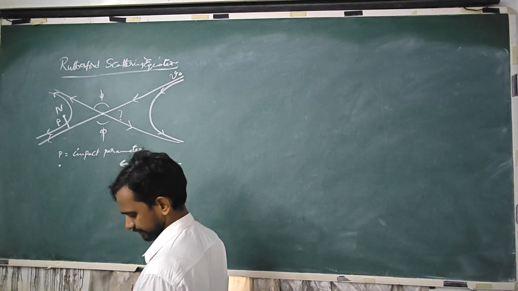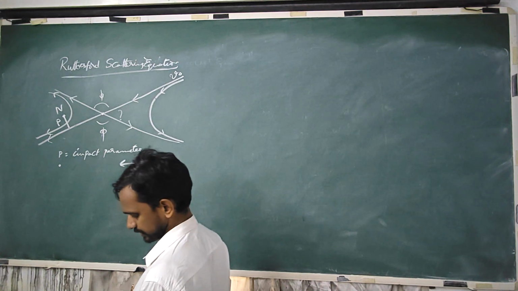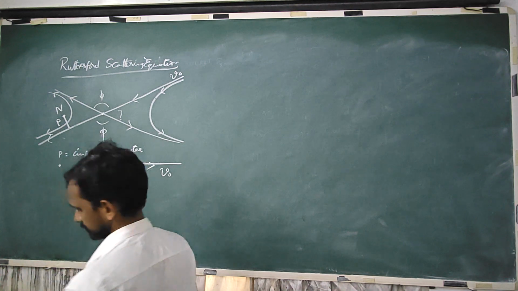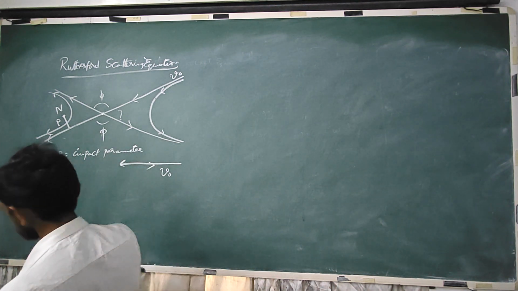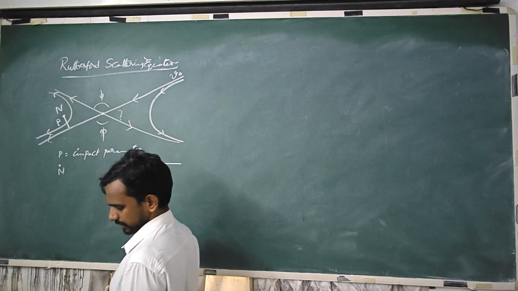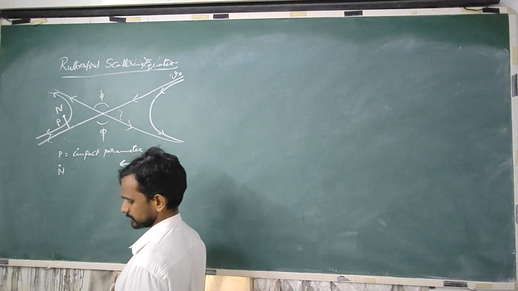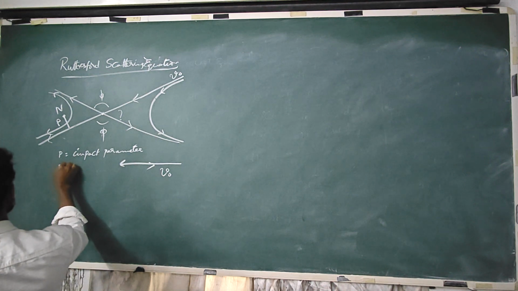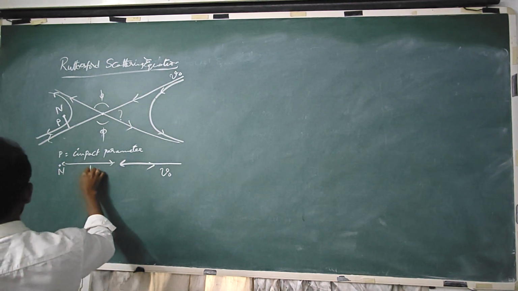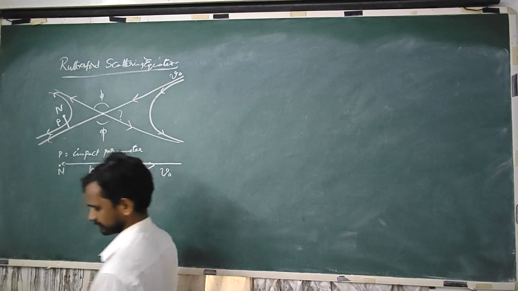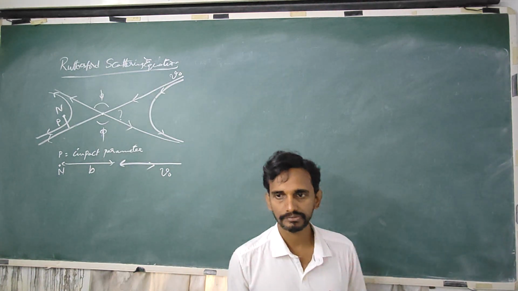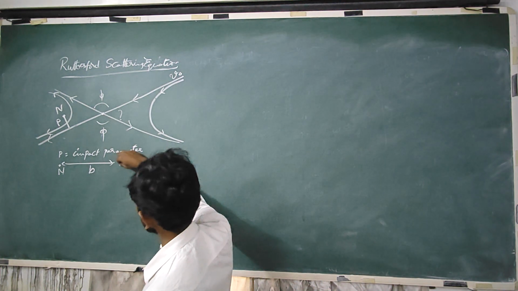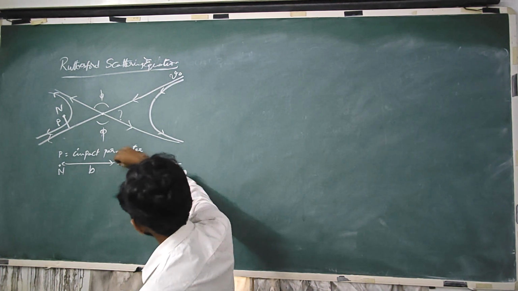So let's say we're starting with the same initial velocity v naught. This is the nucleus, and this distance is called b. When the particle is incident head-on to the nucleus, it will simply revert back.